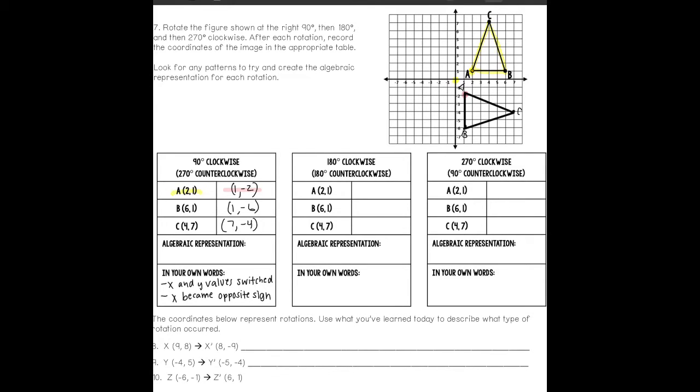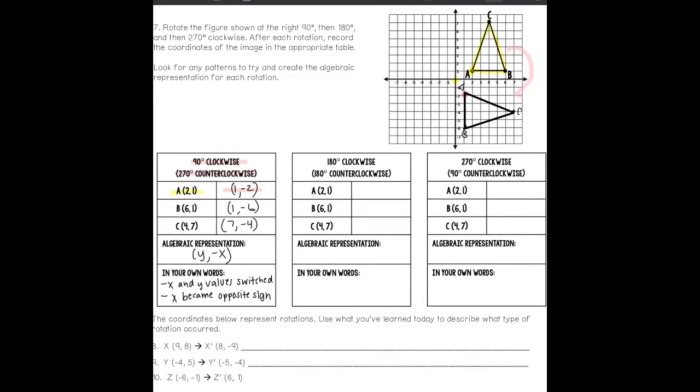So algebraically, we're switching X and Y, so Y is going to come first now. We're taking the opposite of X. Okay, so we're flipping X and Y, and we're taking the opposite of X. So anytime you are rotating 90 degrees clockwise or 270 degrees counterclockwise, right?